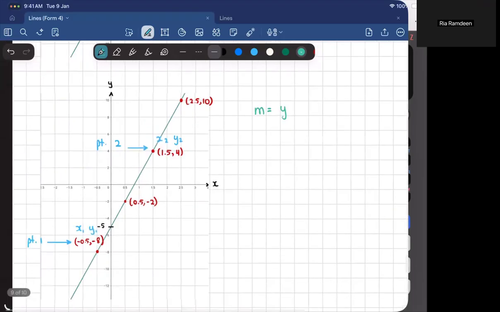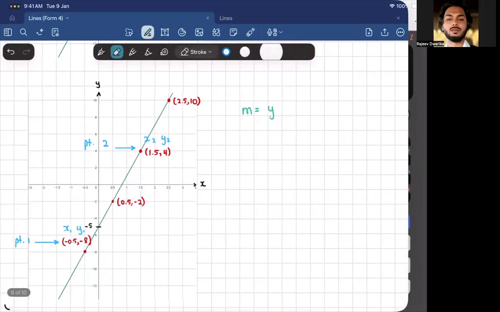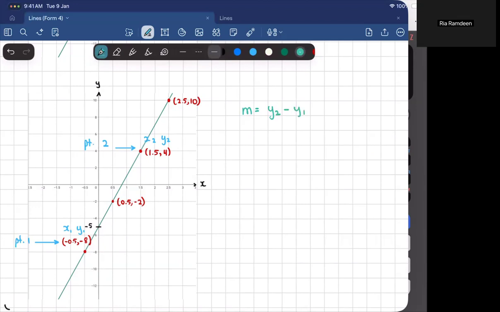What do you think I'll consider the final point here? Point one or point two? Point 2. Right. So the final point minus the initial point. Y2 minus Y1. That's change. What was the difference between Y2 and Y1? Graphically, we want to find this change over here.